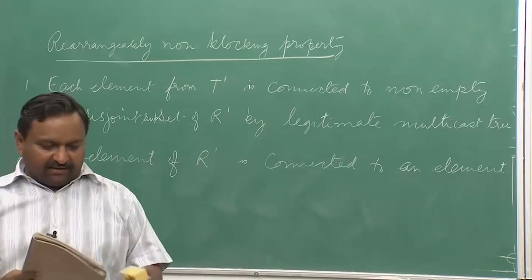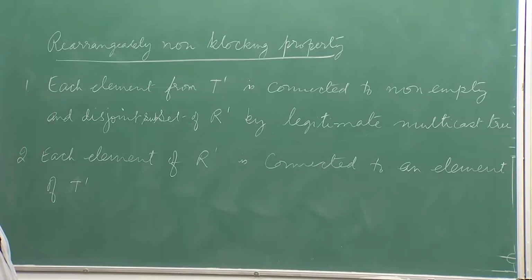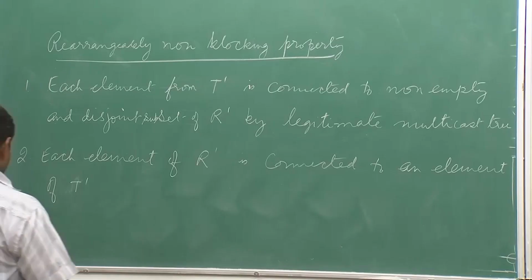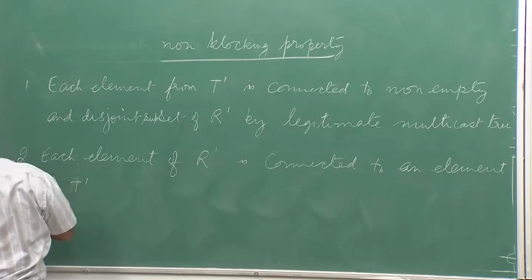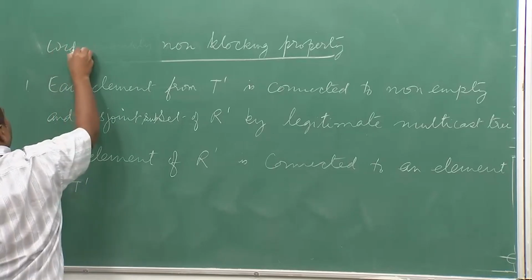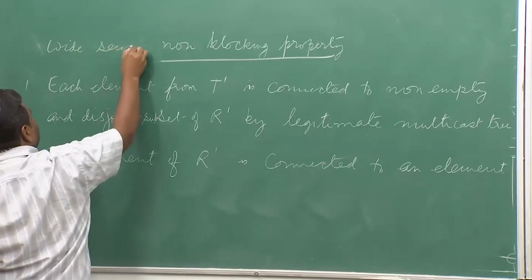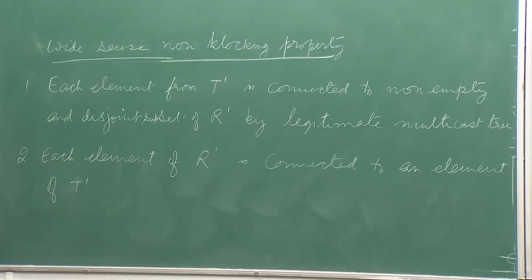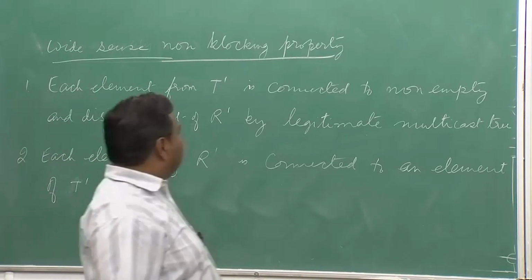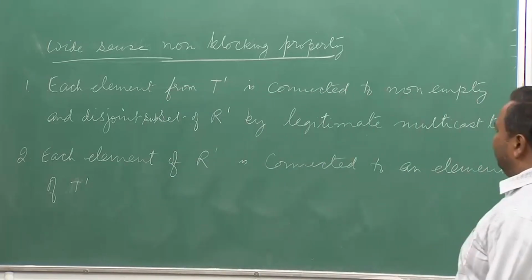Now, the third condition is what we call wide sense non-blocking. So, let me modify this same thing and we call it wide sense non-blocking. Again same definition, T prime, R prime, t and r.